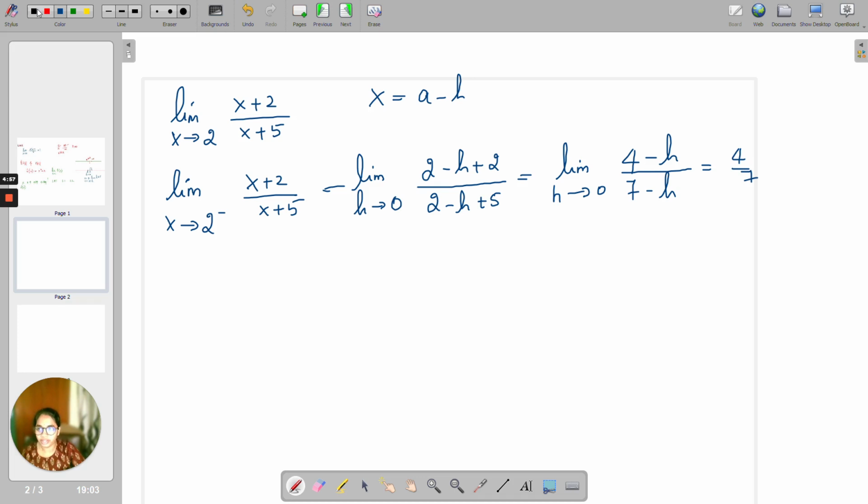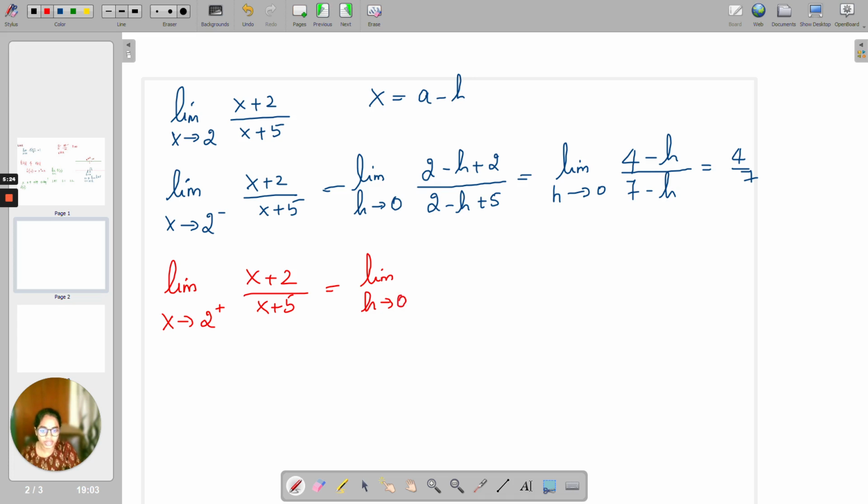Now let me find the RHL. I would just write the same question, but I would have to write it as 2 plus because this is RHL. So I would get x plus 2 divided by x plus 5. Now I am replacing x with h. This is what we do for LHL and RHL.